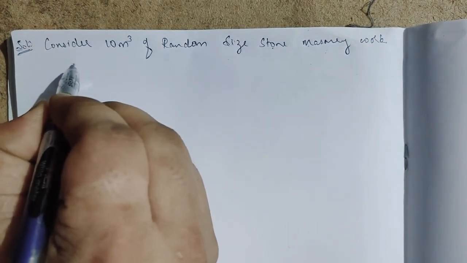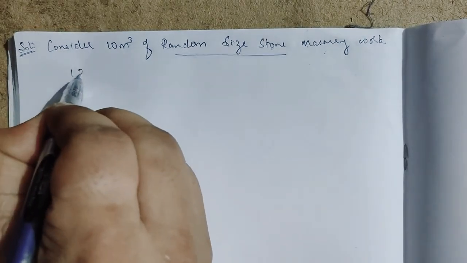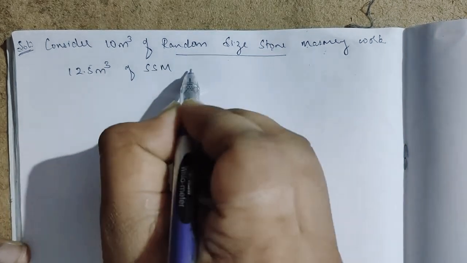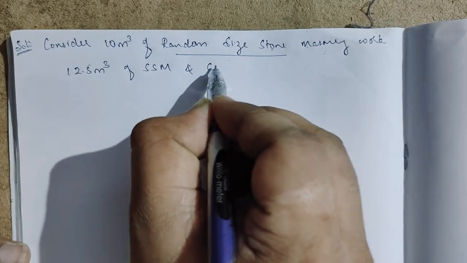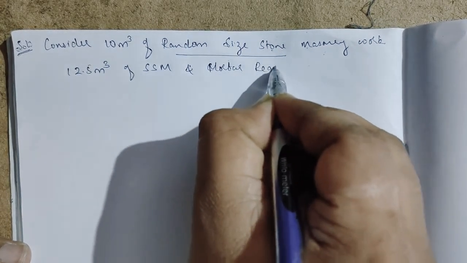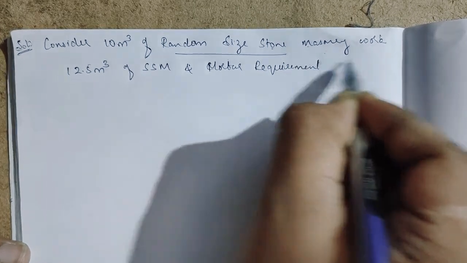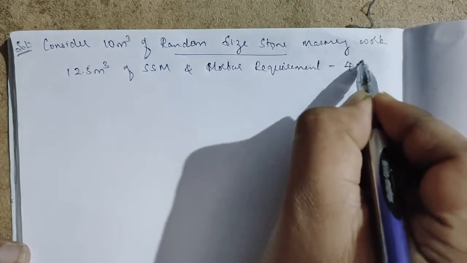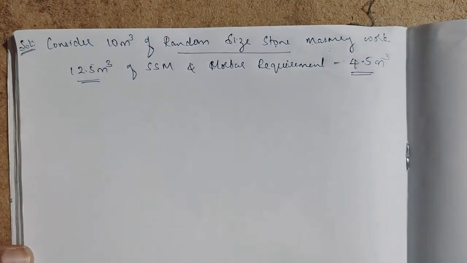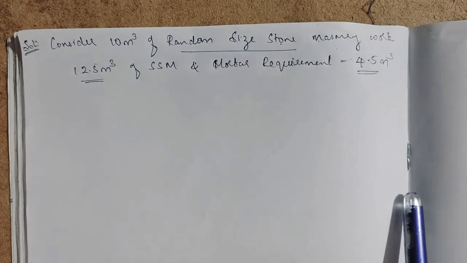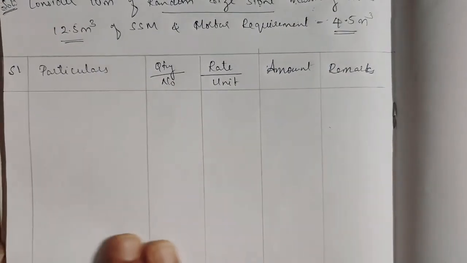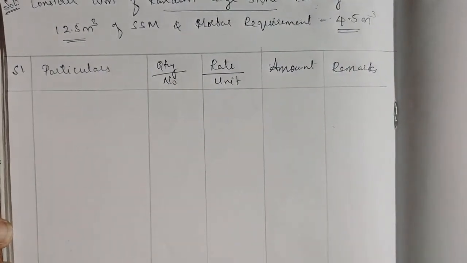As we know, for 12.5 meter cube of size stone masonry, the cement mortar requirement is 4.5 meter cube. You can calculate it as we did earlier and you will get the same. I tabulated the form now.